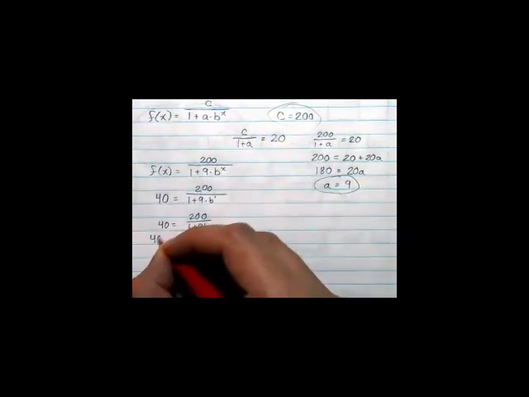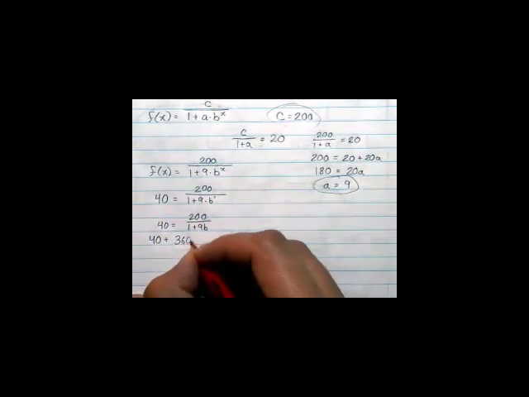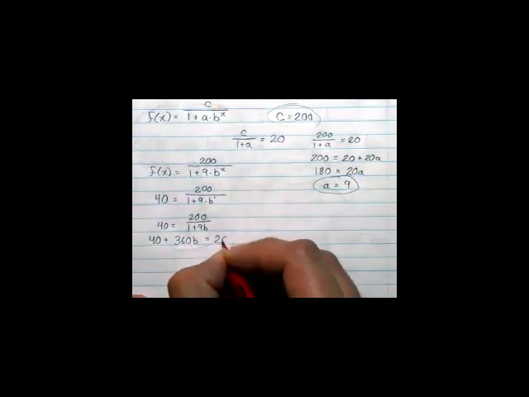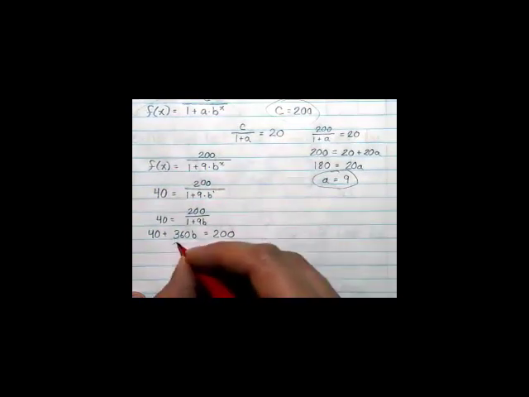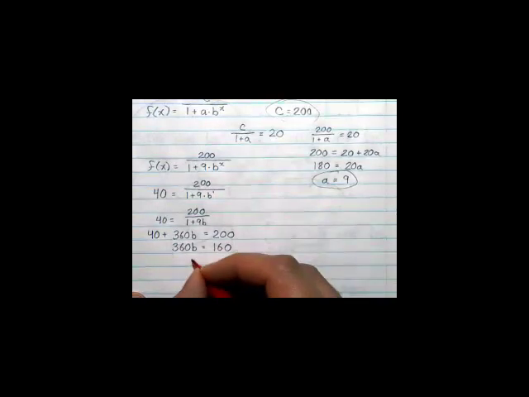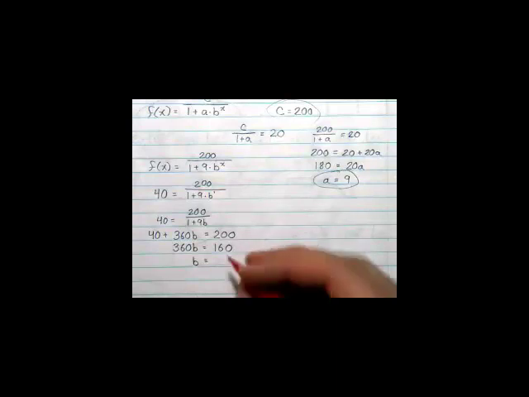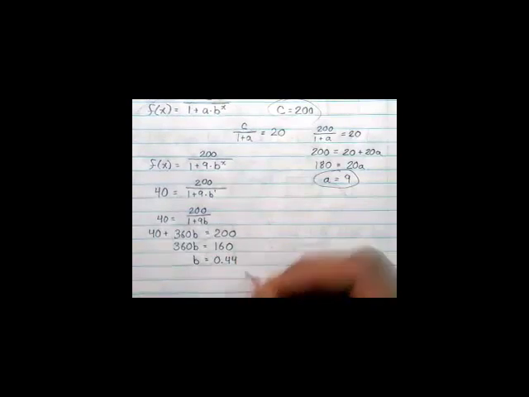So we'll have 40 plus 360b equals 200. Subtract the 40. So 360b equals 160. And then what is 160 divided by 360? 0.4 repeating. All right, so we'll just say 0.44.